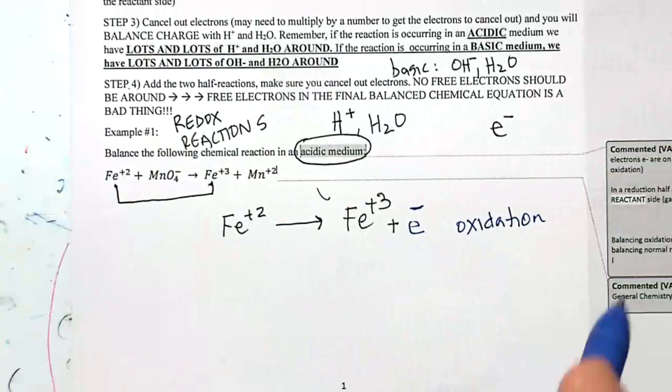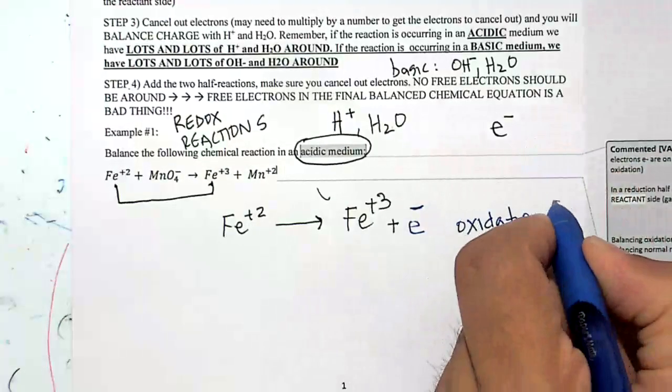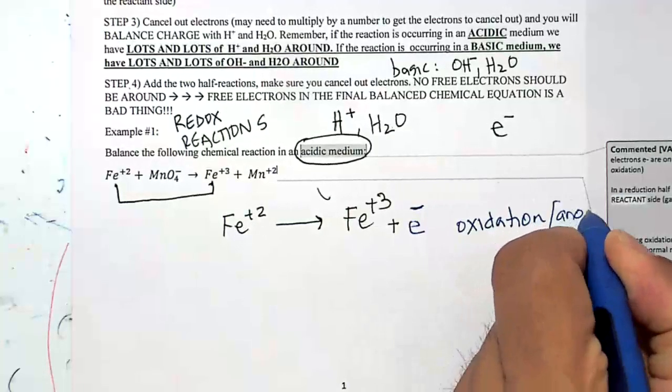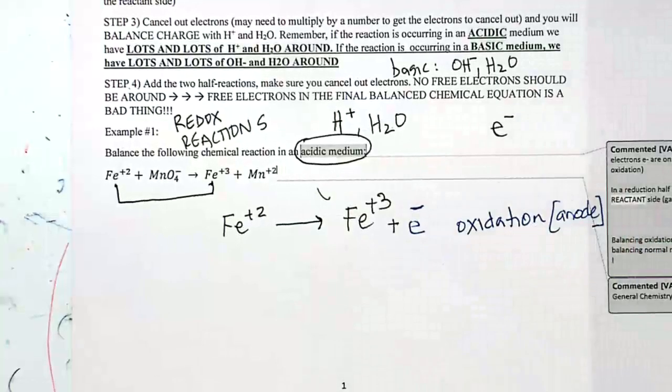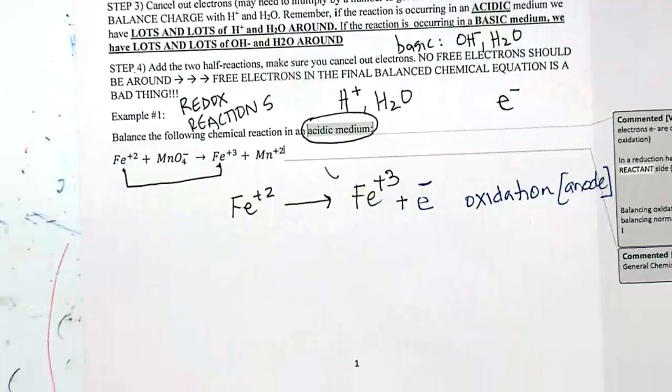Since this is an oxidation, if this were a battery, it would serve as the anode. So that's 1 down, because for every oxidation there is a reduction. So we have to do the second half, splitting this up into oxidation and reduction.